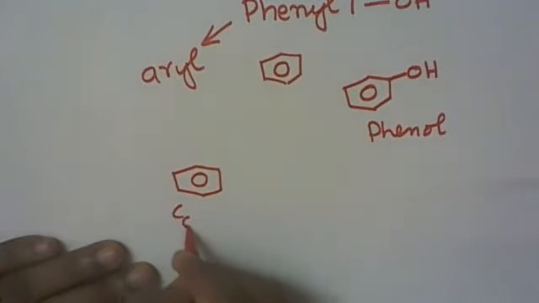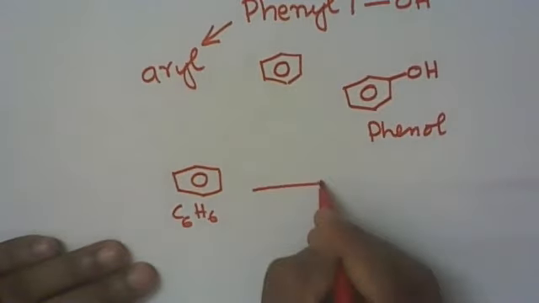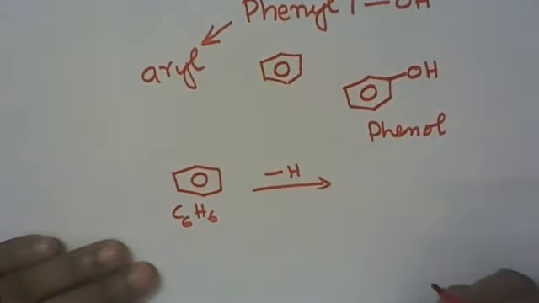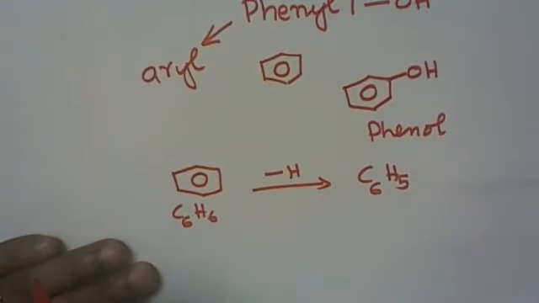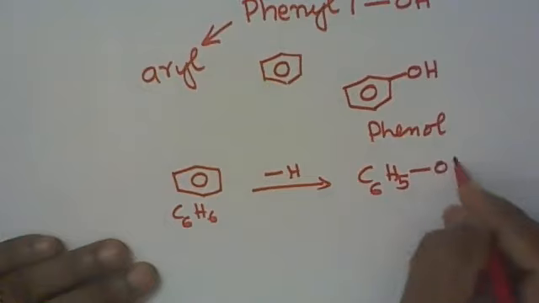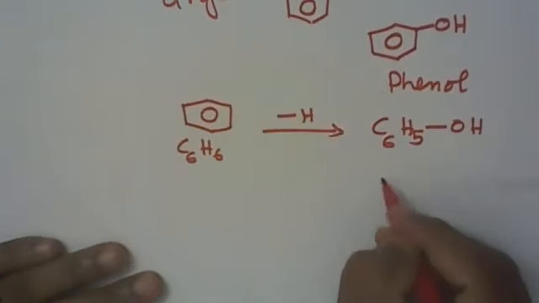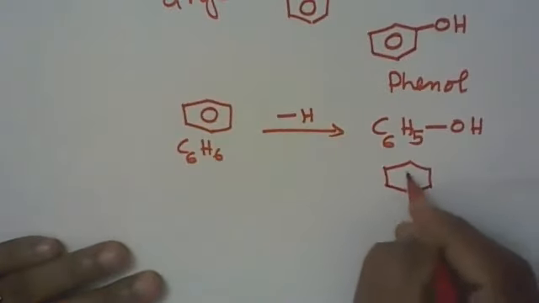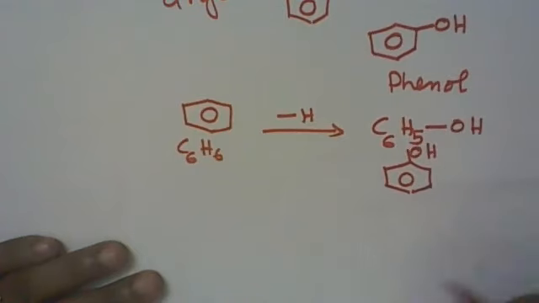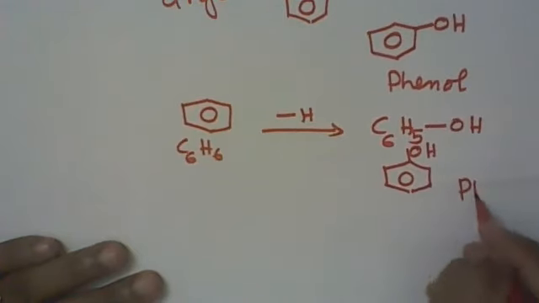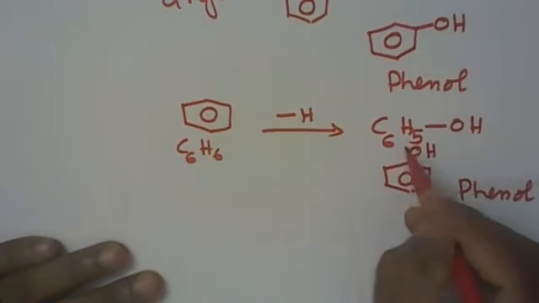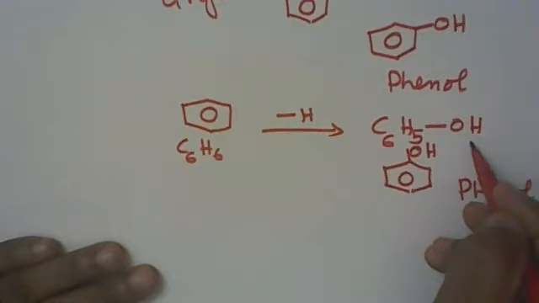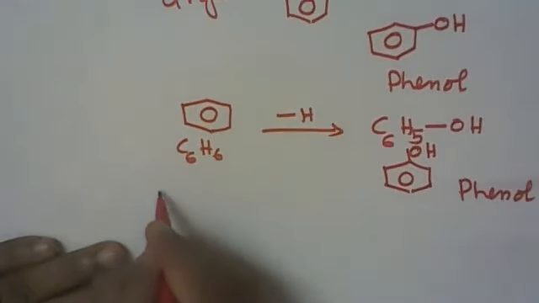Benzene formula is C6H6. I will remove one hydrogen atom from here, so it becomes C6H5. Then attach the OH, which is nothing but the benzene ring attached to the OH group. So what is the molecular formula of phenol? Phenol molecular formula is C6H5OH.